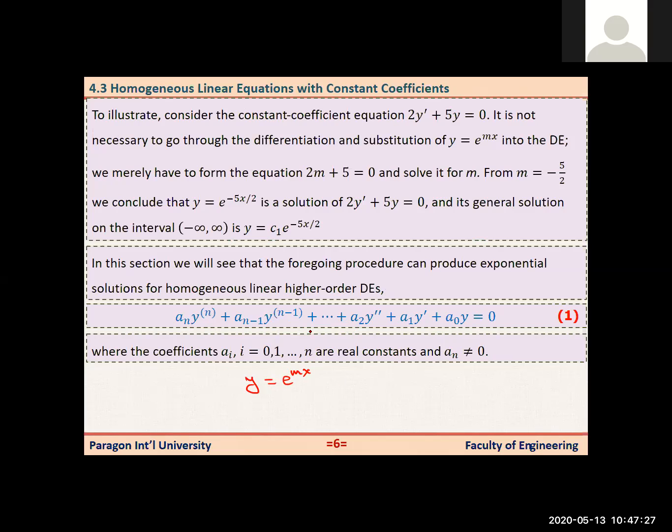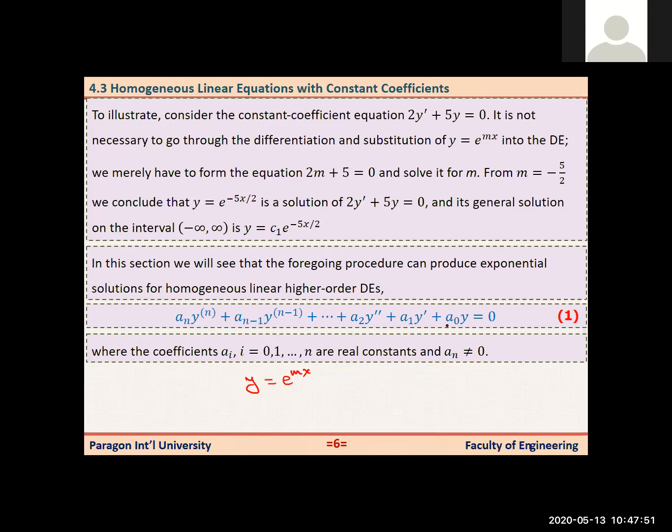After that, I substitute this, and when we do some algebraic manipulation, you will see that we get an nth degree polynomial equation. These two things, this differential equation and the nth degree polynomial equation, are very closely related to each other.